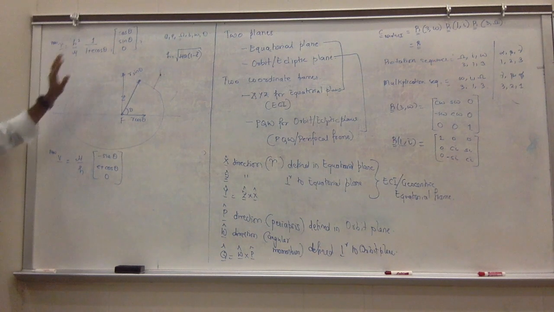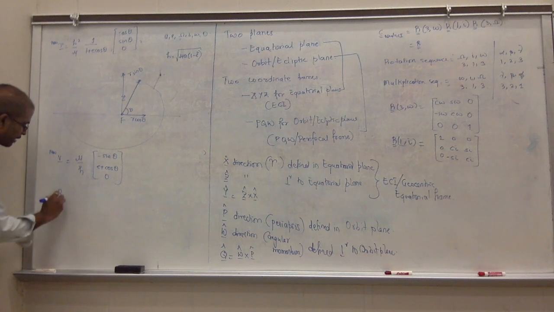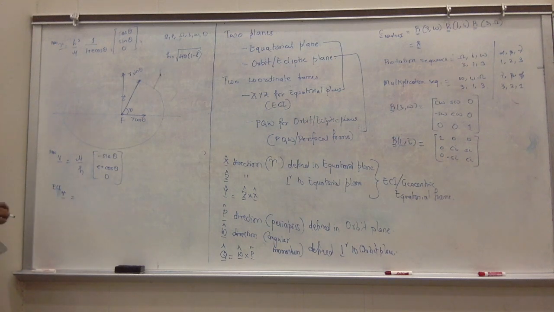Now the trick is how do you calculate this. You calculate it in PQW. There is one more thing you need to do. You need to really figure out R in ECI. That is our goal. Our goal is not to calculate in PQW.